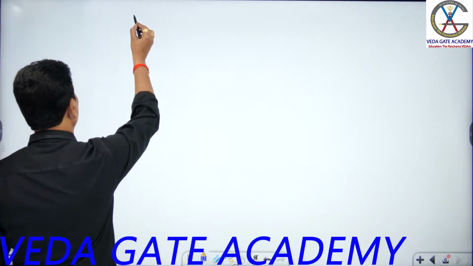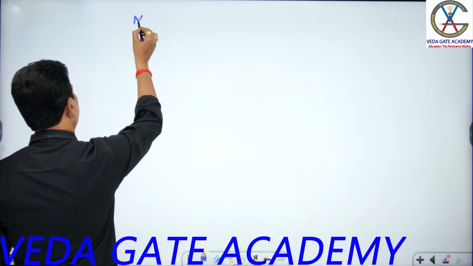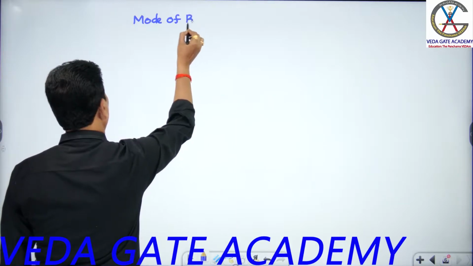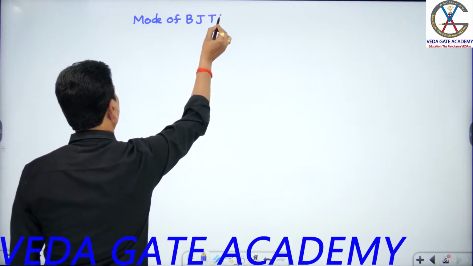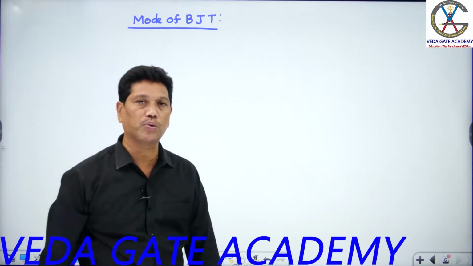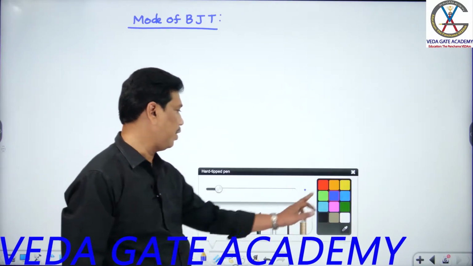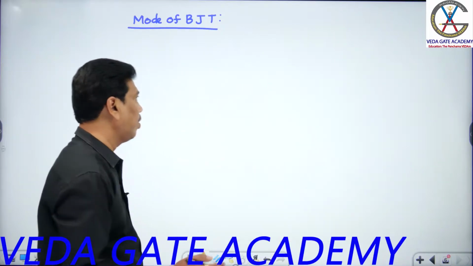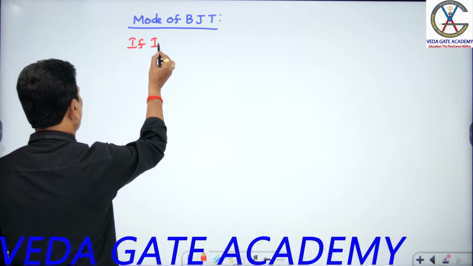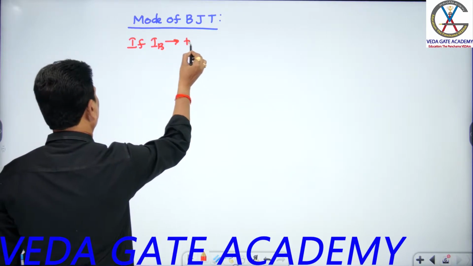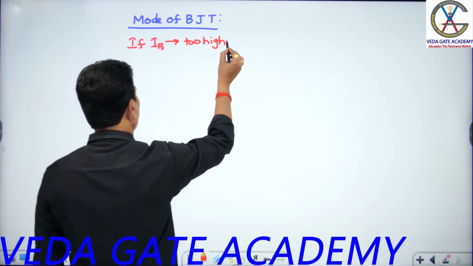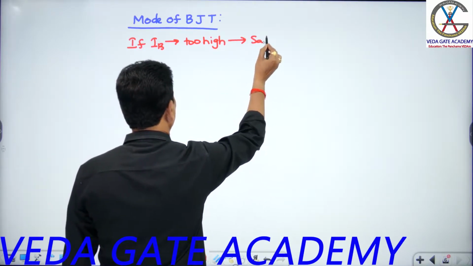Next, you can examine the mode of BJT, students. How do you identify whether the given BJT circuit is in active mode, saturation mode, or cutoff mode? One of the conditions you learned is in terms of base current. If the base current IB is found to be very high, it is in saturation, students.